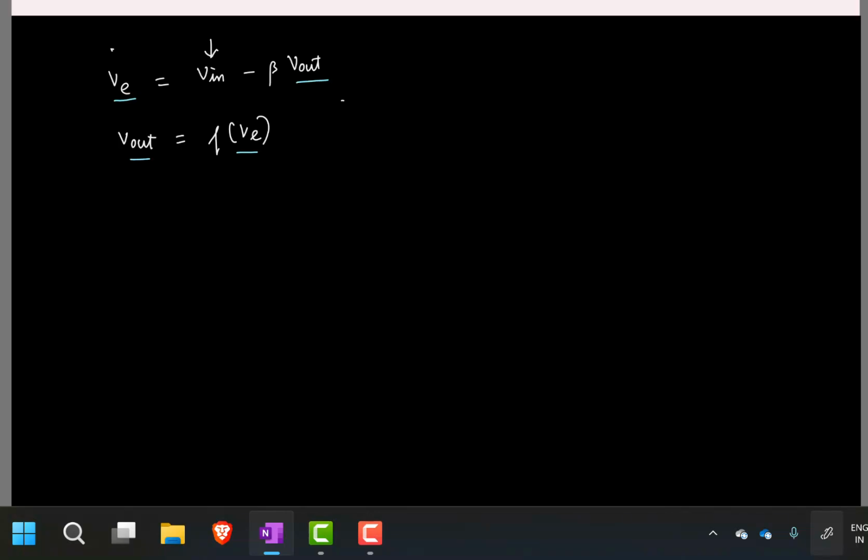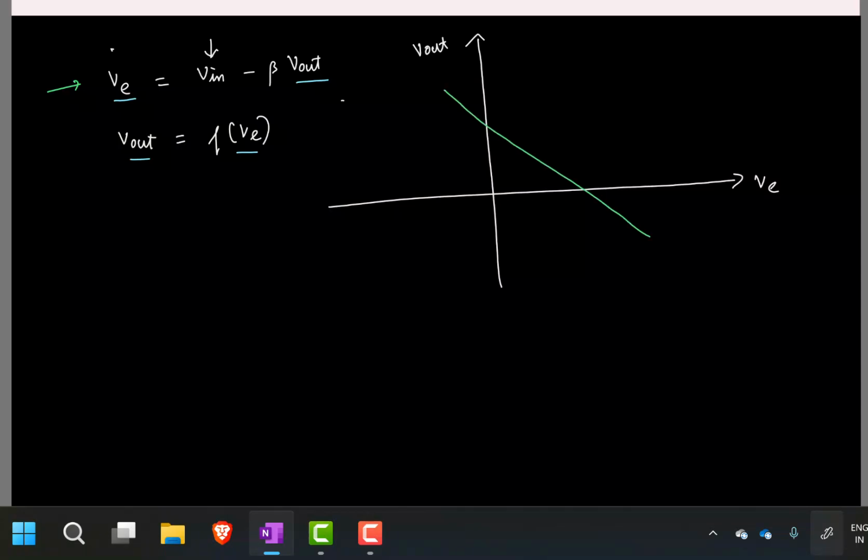So we can solve for it. So we'll try to solve for this graphically. So let's say this is V and V out. So if I plot the first equation, how will it look like? It will be a straight line with a negative slope, like this. And what will be the x-intercept here? V in. And what about y-intercept? V in by beta. Okay.